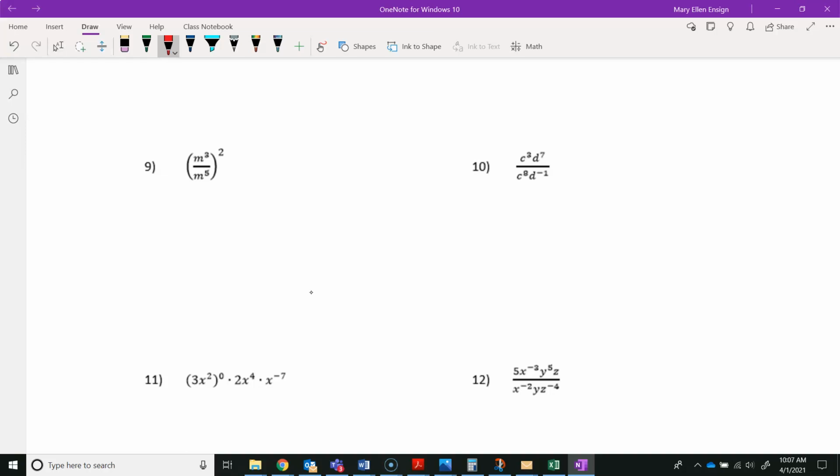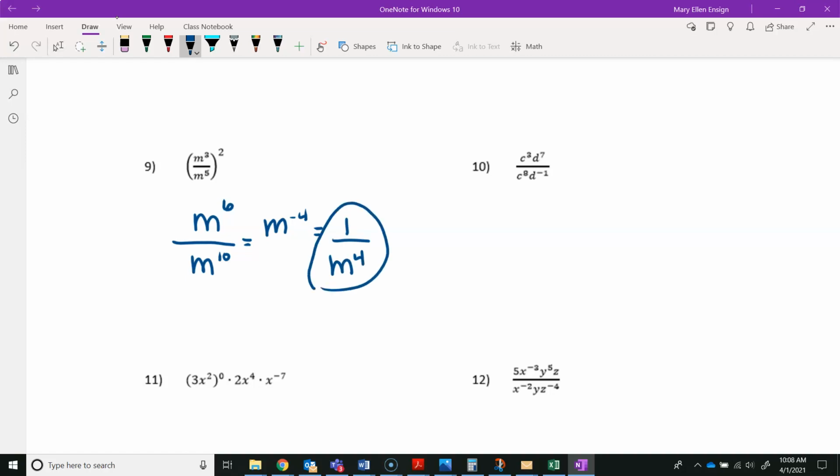Every inside exponent gets multiplied by the outside exponent. So we have m to the 6th over m to the 10th. And then I can now use the quotient rule. 6 minus 10 is negative 4, which would be the same as 1 over m to the 4th power.